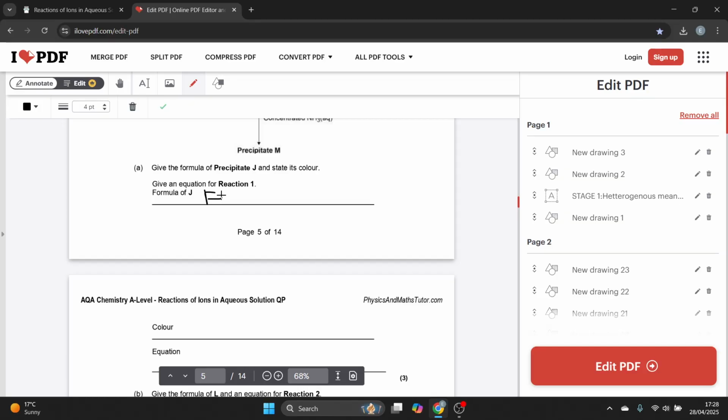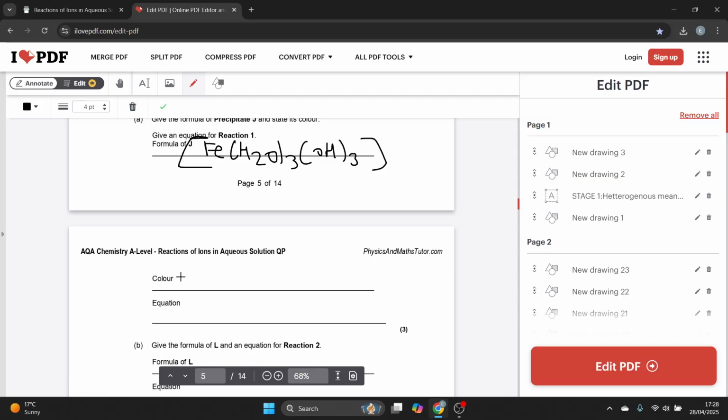The formula therefore is Fe(H2O)3(OH)3. The color is therefore brown.